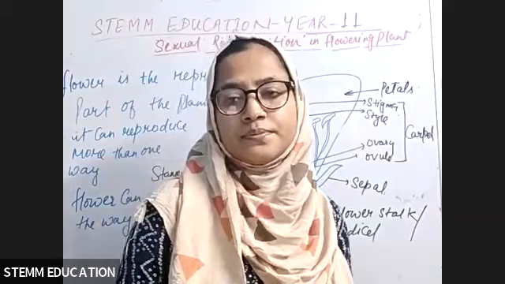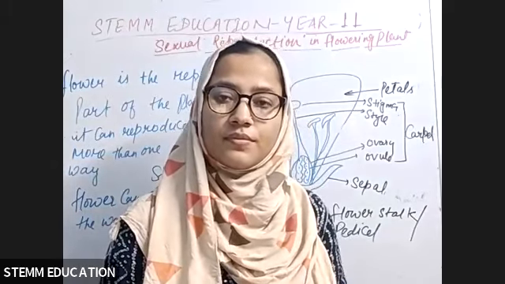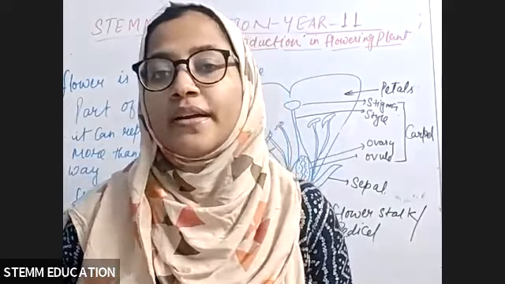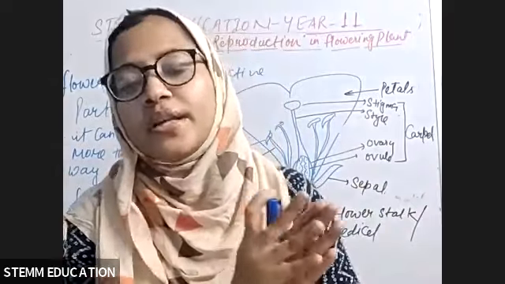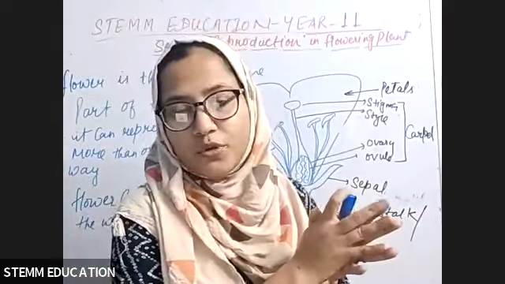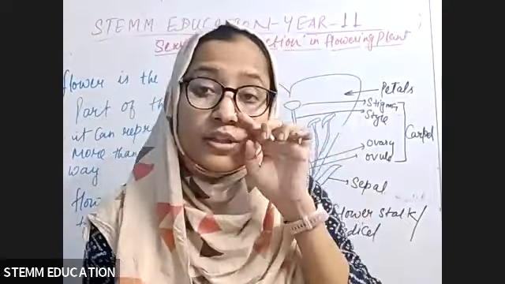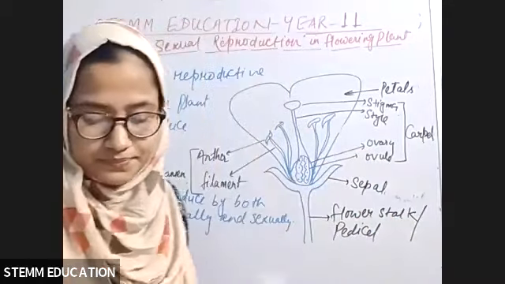That is the earthworm. Earthworms can reproduce by themselves. They don't need another male or female reproductive part. So the earthworm is known as a hermaphroditic animal.